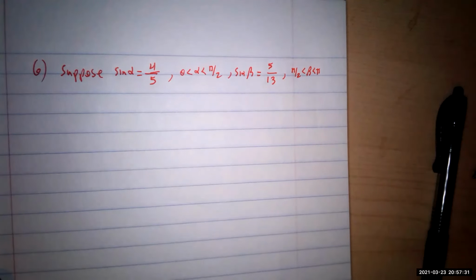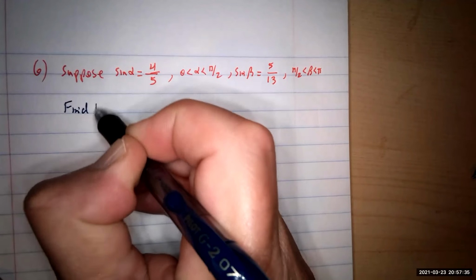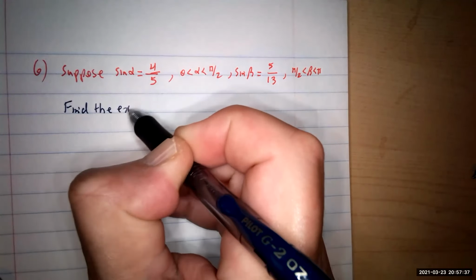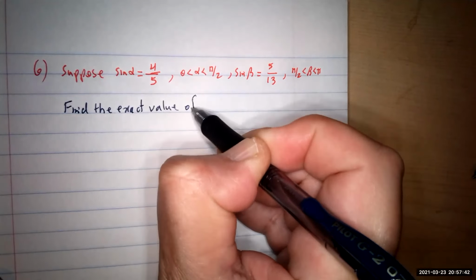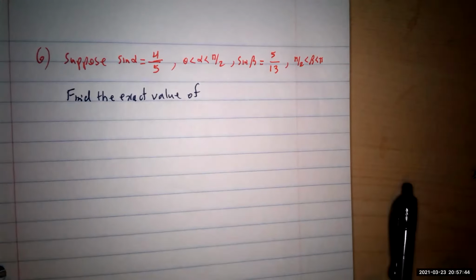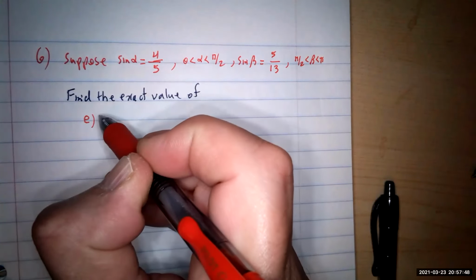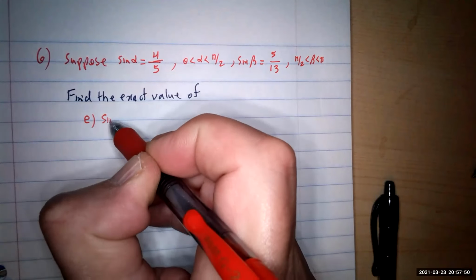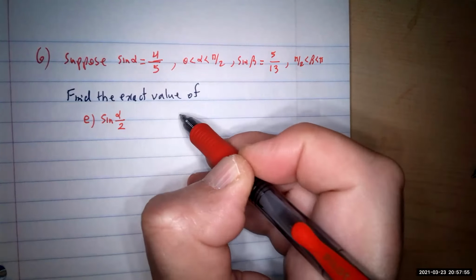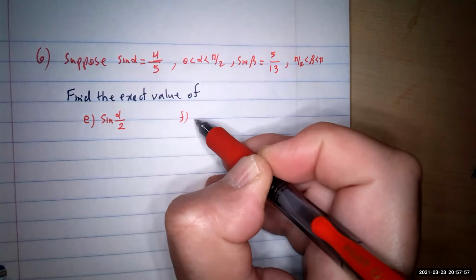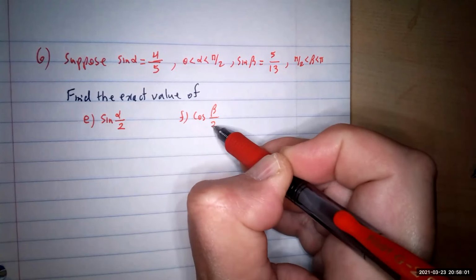So we want to find the exact value of this. Your new problem is this one. Part E, you didn't have this one before. You want to find the sine of alpha/2. Part F is going to be the cosine of the beta/2 angle.